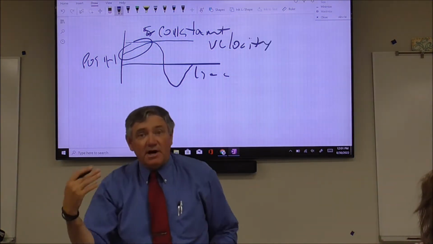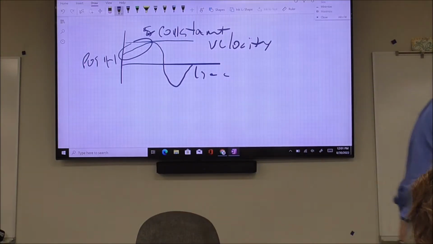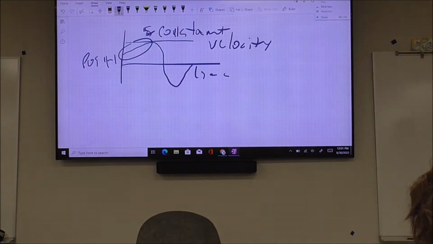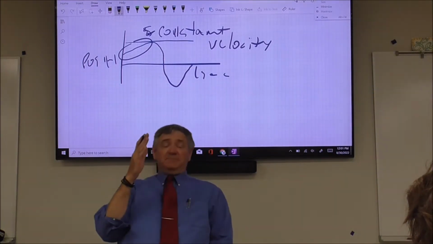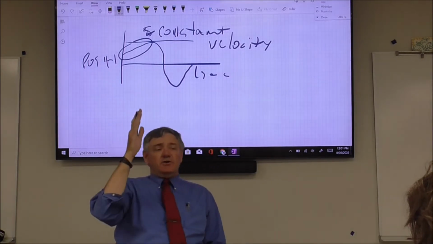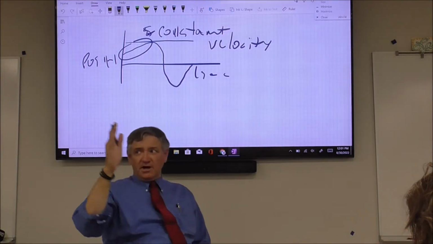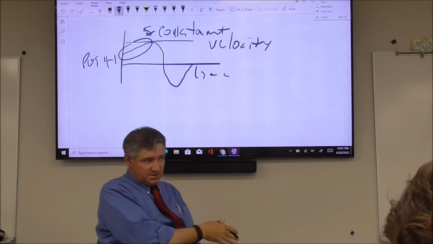What that means is that you're not accelerating. I'm walking along at the same speed all the time. What you'll see is it's like a binary function. You can only do one of two things: you're either accelerating and your velocity is changing, or you're moving at a constant velocity and there is no acceleration.